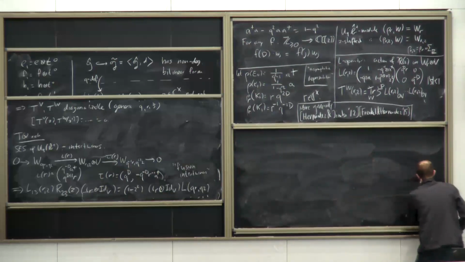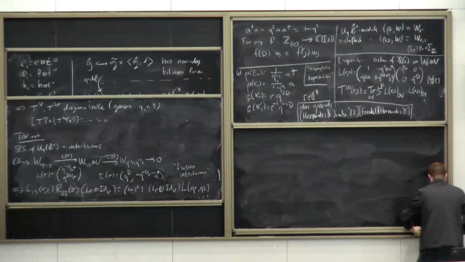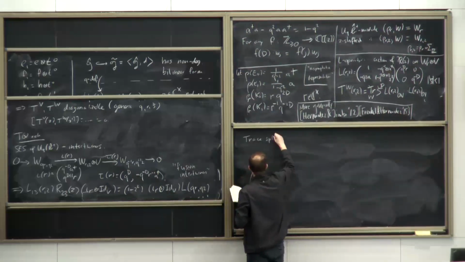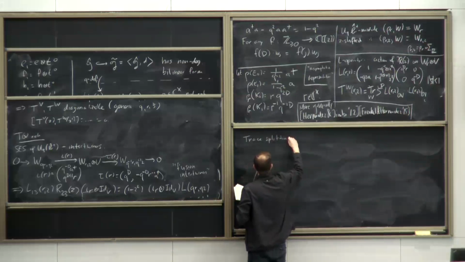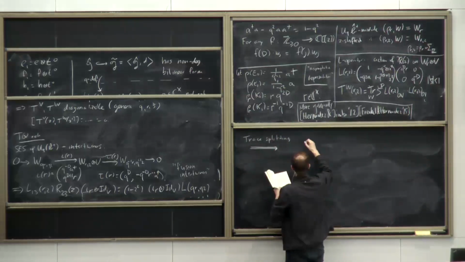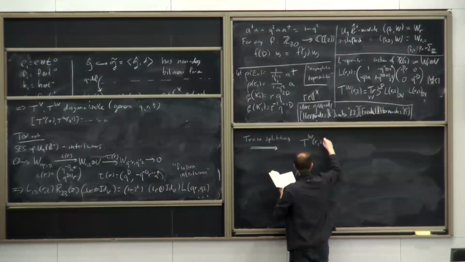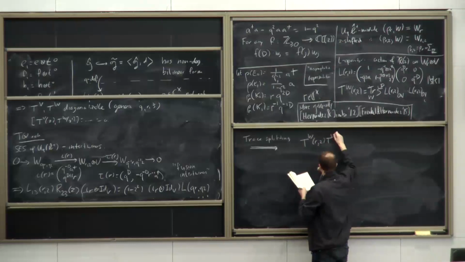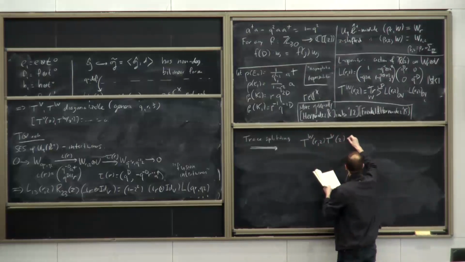And so, just to save some time, let me write down the result. You get the T_W(r, z) T_V(z), so it's a transfer matrix. You get some factor.